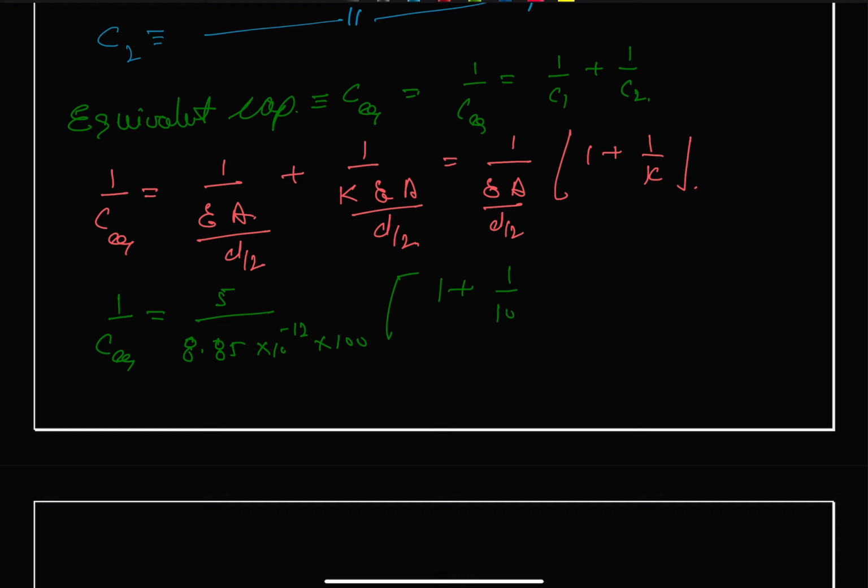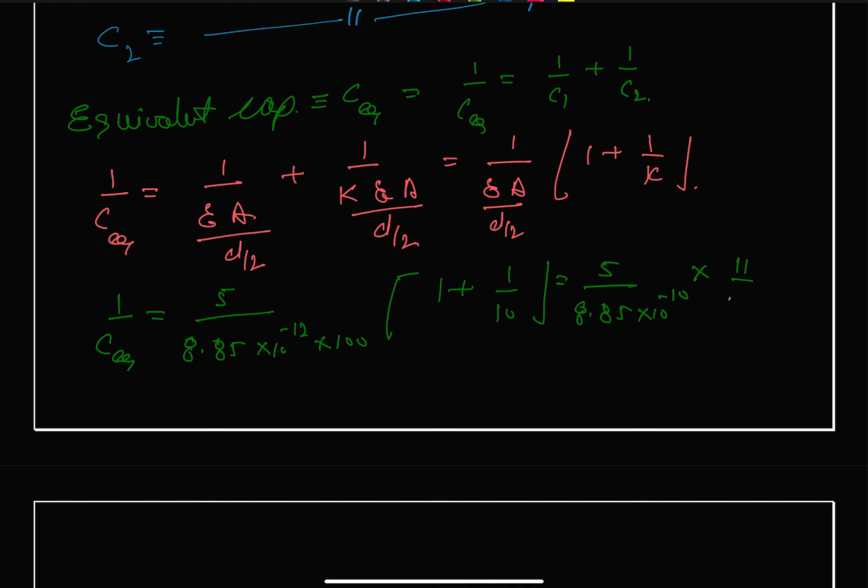So this comes as 5 upon 8.85 into 10 to the power minus 10, multiplied by 11 by 10.